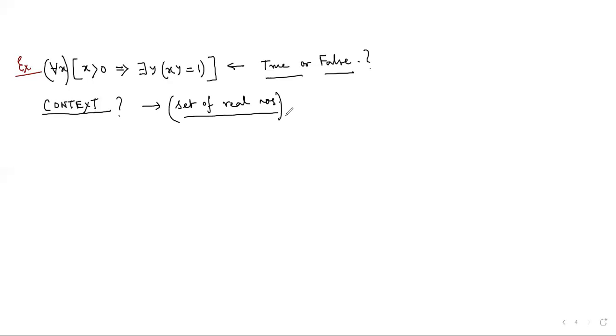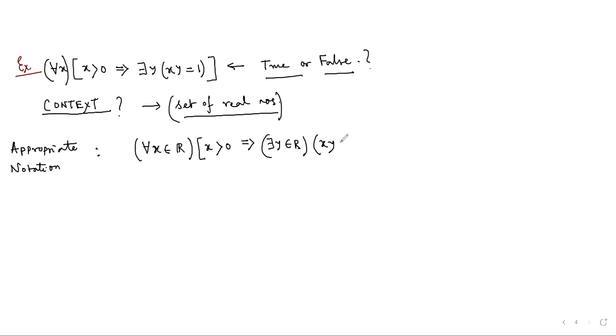multiplication of real numbers. So the thing which has been written over here, if one tries to write it appropriately, then the appropriate notation would be: for all x belonging to R, the set of real numbers, x greater than 0 implies that there exists a real number y such that when we multiply x by y, it becomes 1.